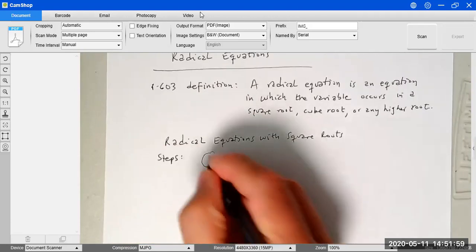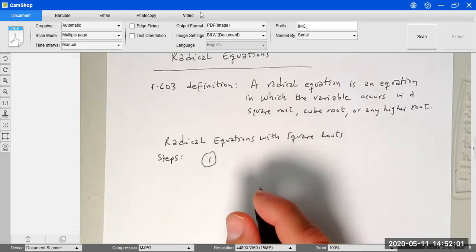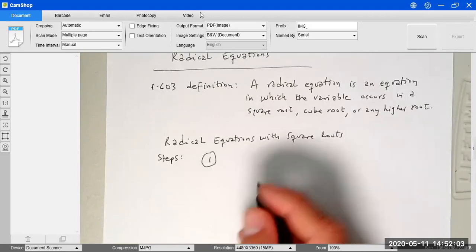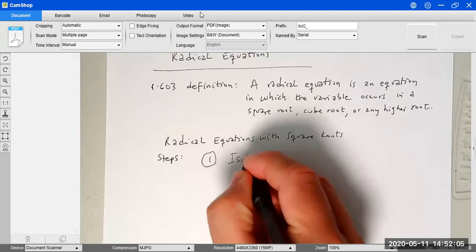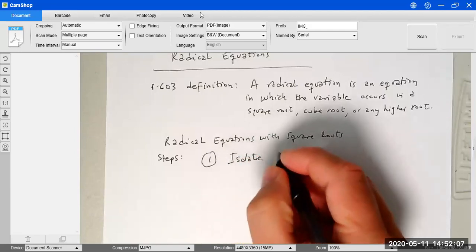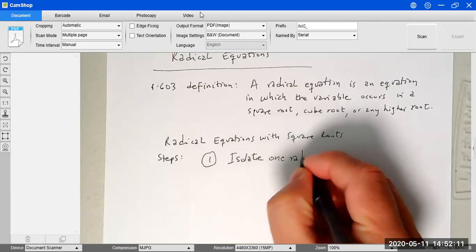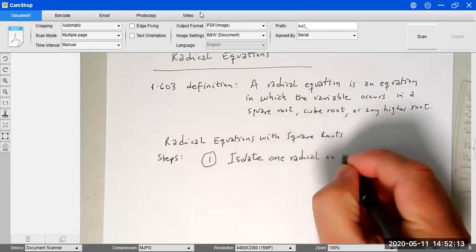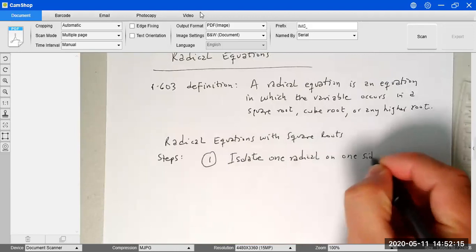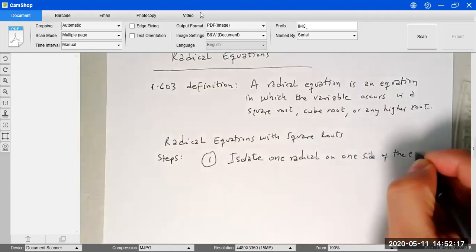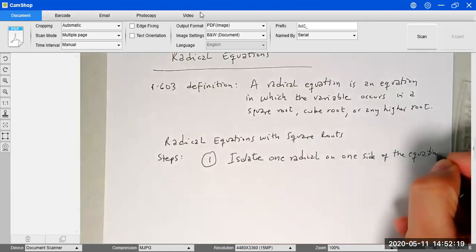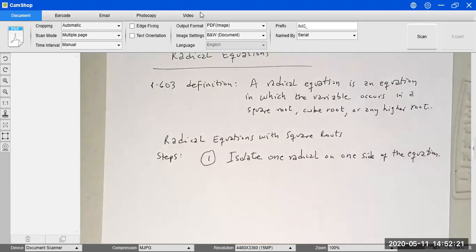So I'm just going to summarize. I'm going to abbreviate the steps. So you're going to isolate one radical on one side of the equation. That's the first step. You isolate one radical.